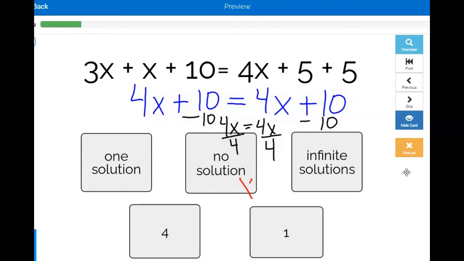I will arrive at this statement: x equals x. If I arrive at that statement while trying to solve for x, that is an indication that the system has infinite solutions. I could put any number there and it will work.